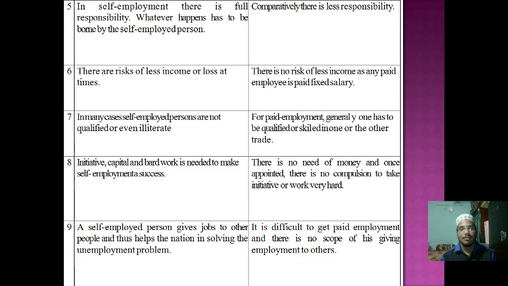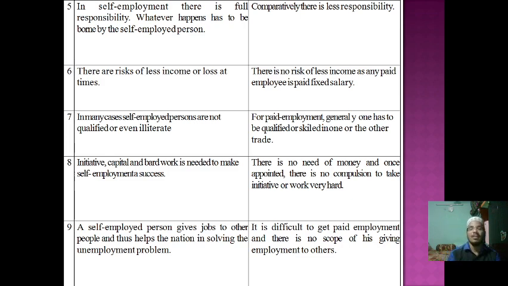Initiative, capital and hard work are needed to make self-employment a success. They know how to work, but they are not actually educated persons. Owners of companies need these things to make self-employment successful.